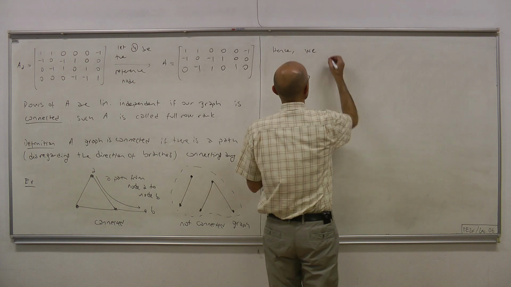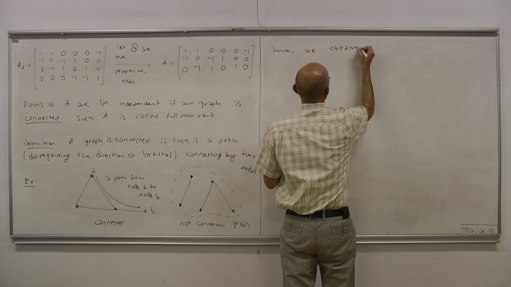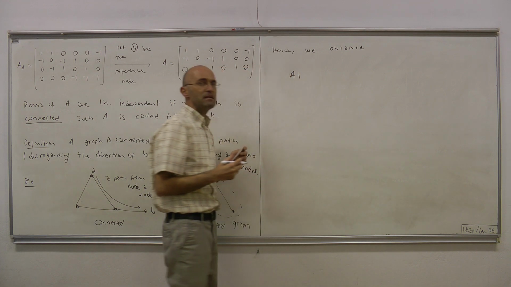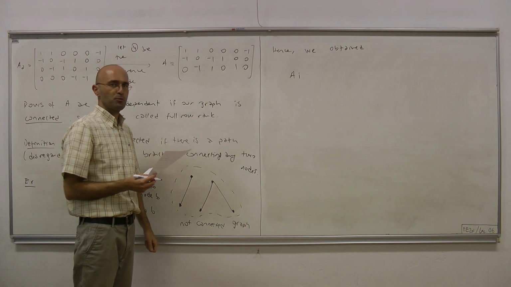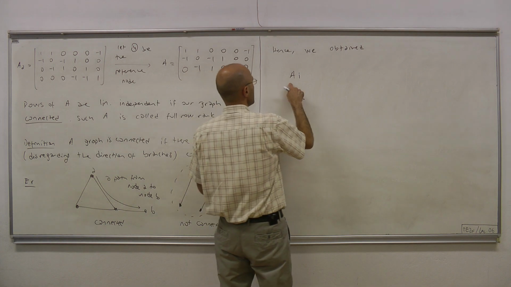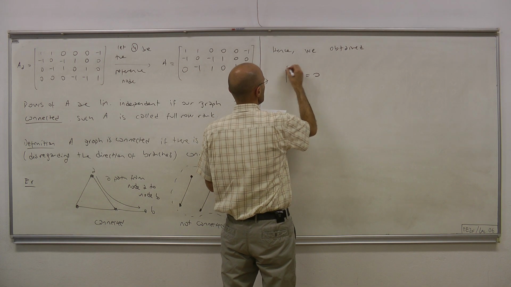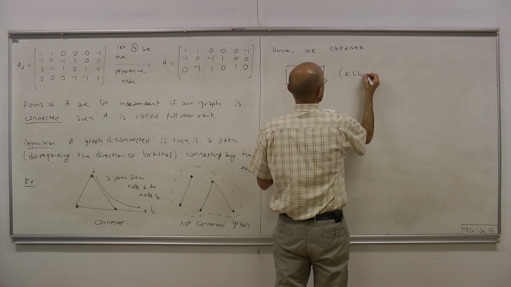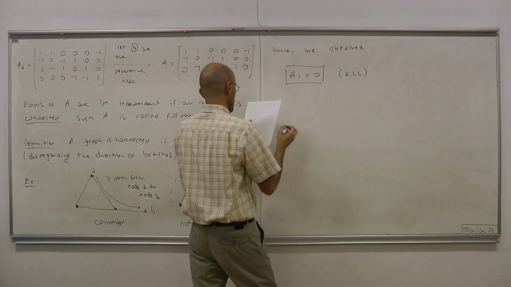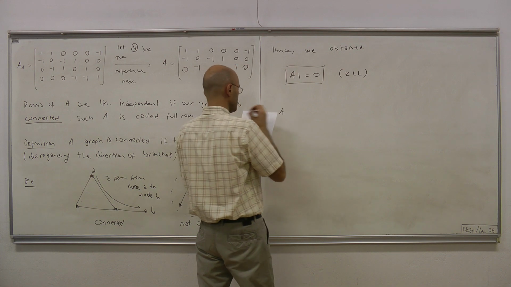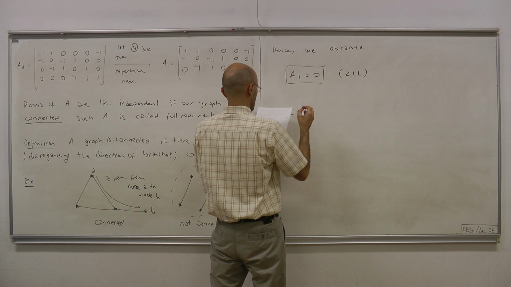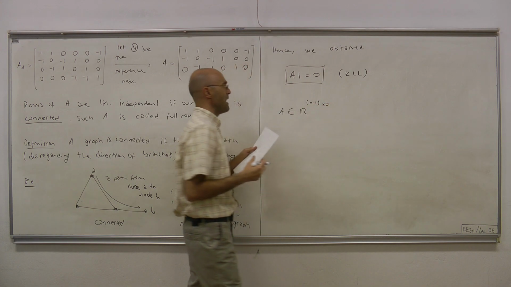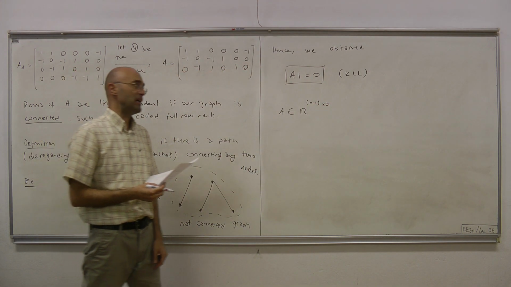Hence we obtain the minimal expression of KCL. A times I equals 0. Okay, this is KCL. And A is, for a connected graph, an n minus 1 by B matrix.